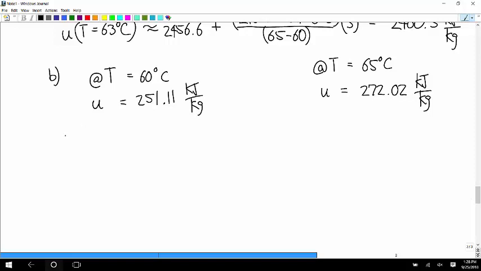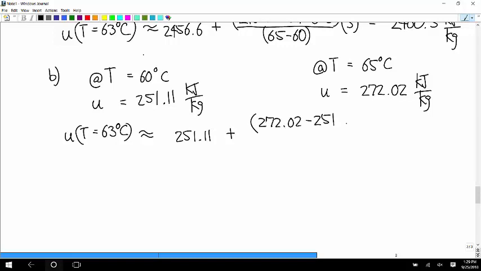And so now our estimate for the internal energy at a temperature of 63 degrees Celsius is 251.11 plus the quantity 272.02 minus 251.11, divided by 65 minus 60, times 3.